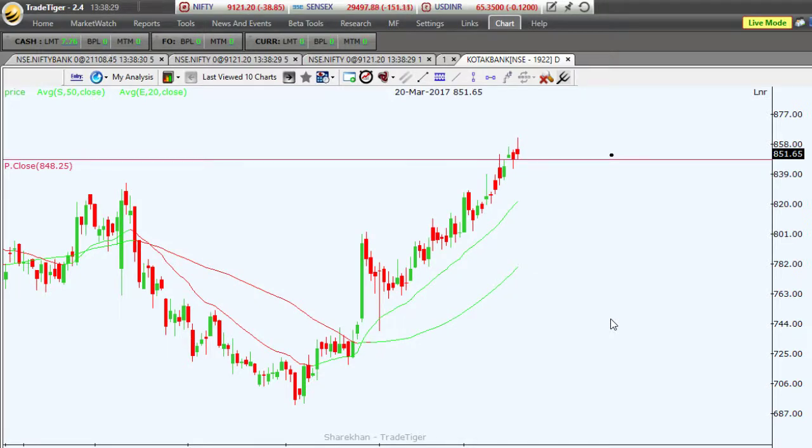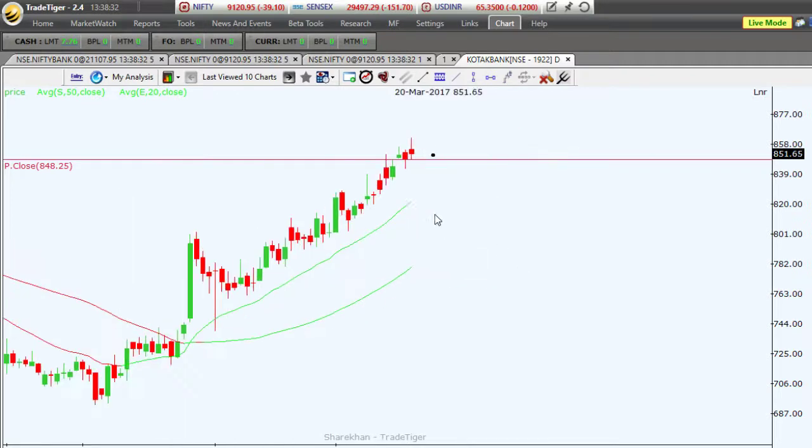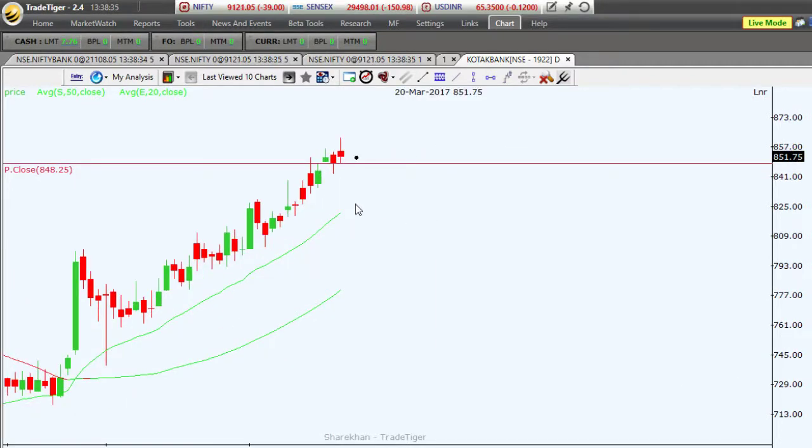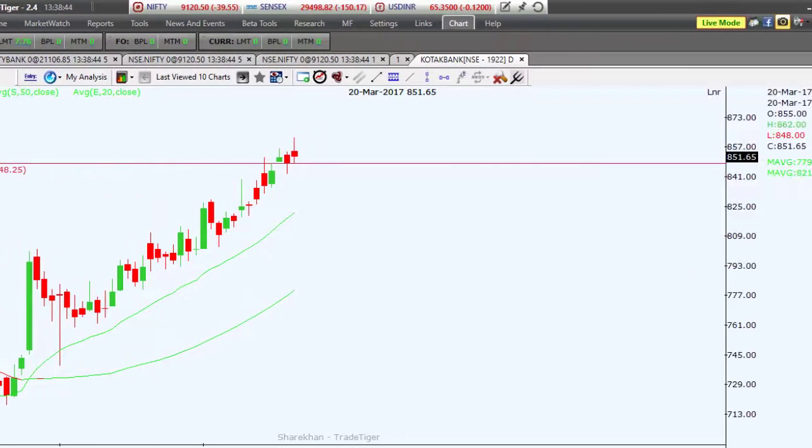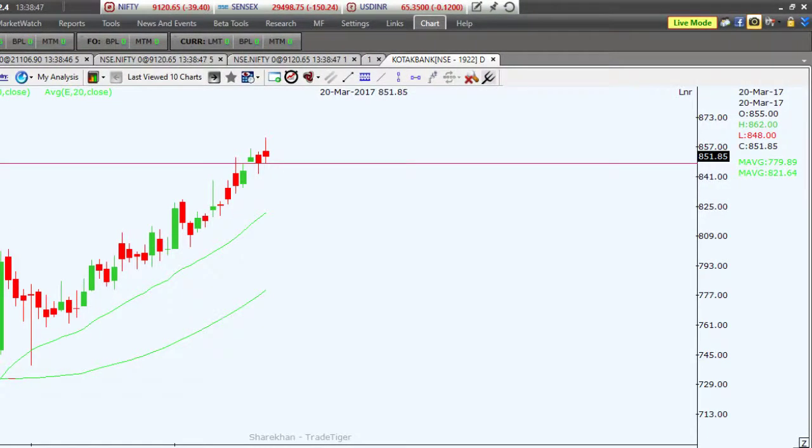If we look at this one, it shows an open at 855 rupees, then a high of 862, then a low of 848, and the current closing price is 850. That's how the prices are moving in this chart.